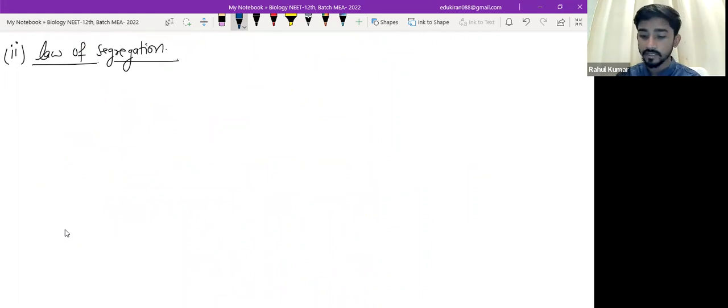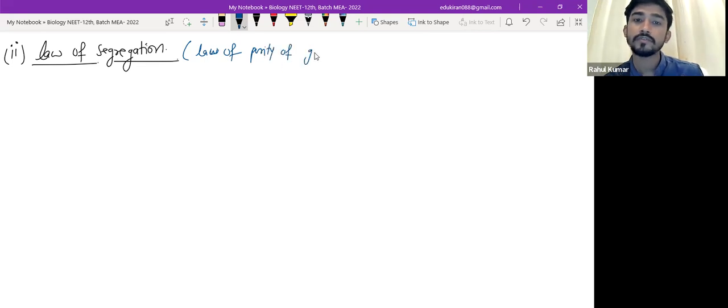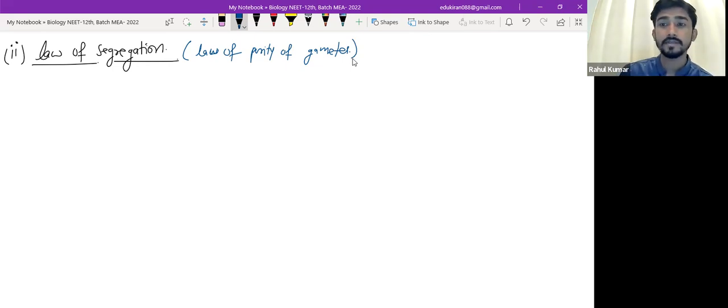So write down: the law of segregation is also known as the law of purity of gametes.